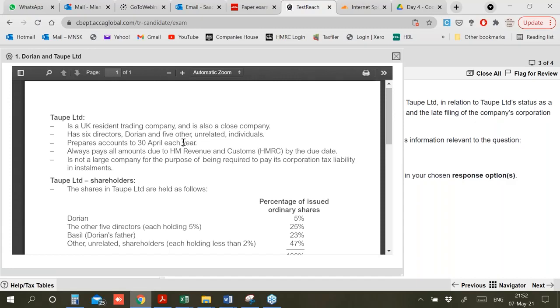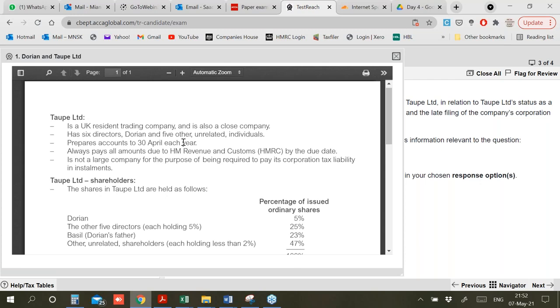Now, T Limited's shareholders. The shares in T Limited are as follows. D owns 5% of the shares, the other 5 directors each holding 5%.